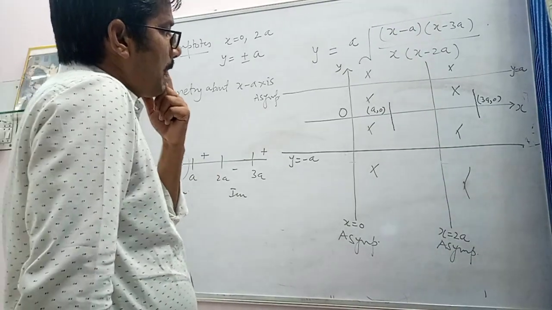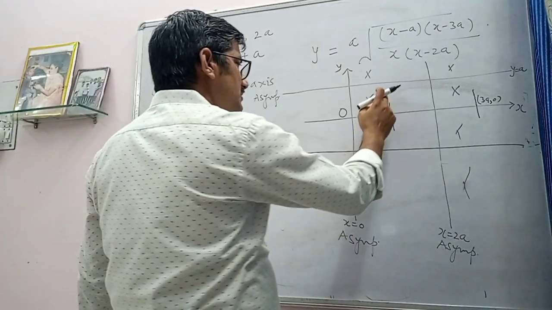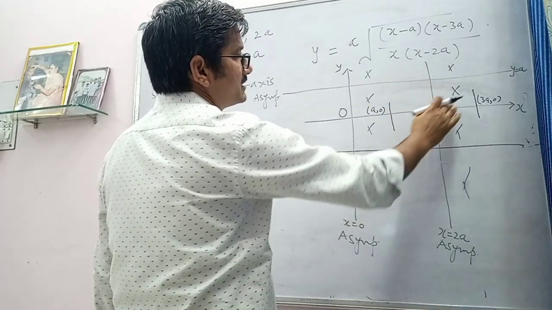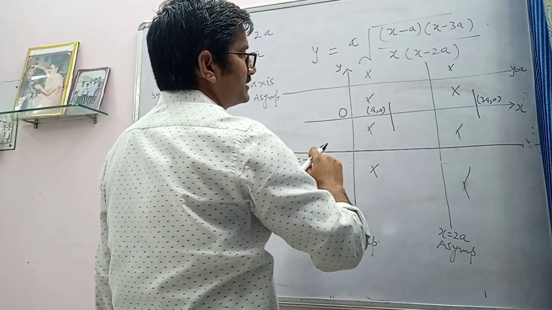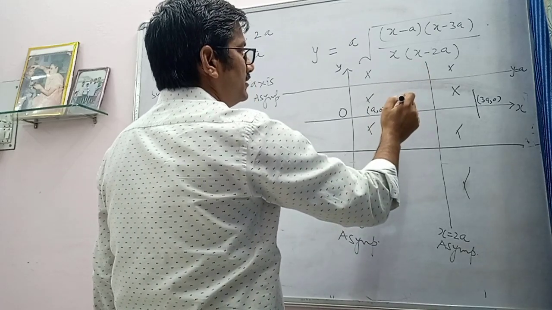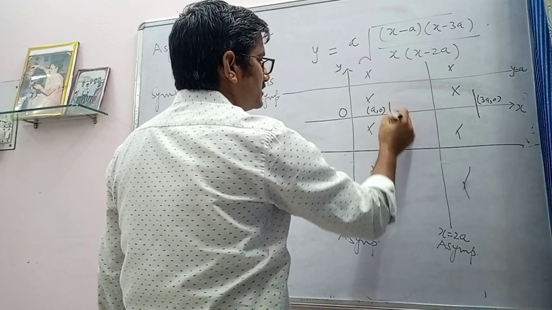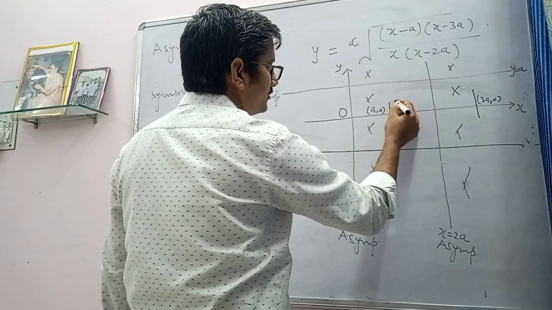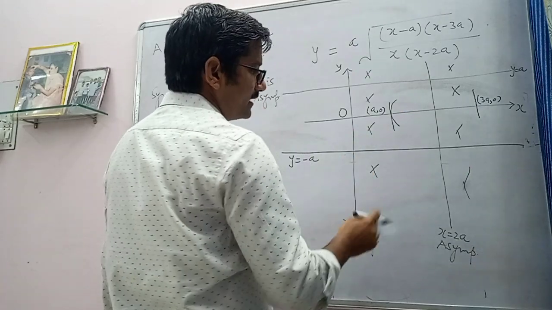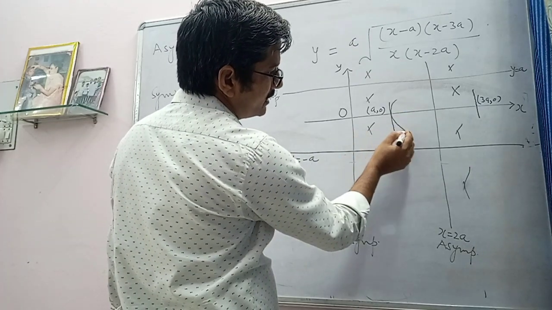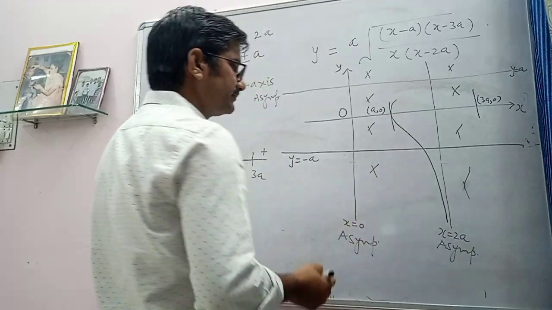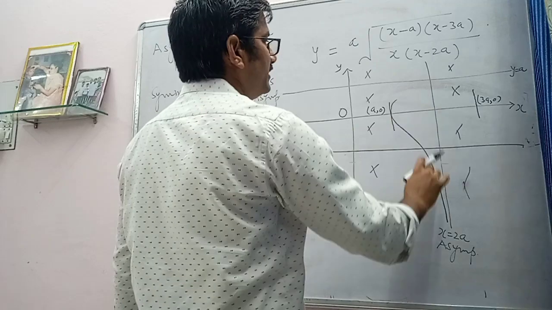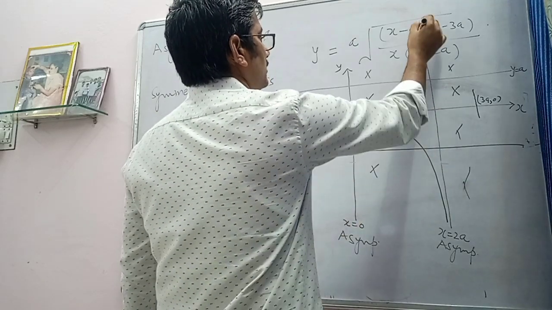So friends, since this is the tangent and this is the asymptote, and the curve is symmetric about the x-axis, the tangent at this point is perpendicular to the x-axis, so we can draw the curve like this. Since this is the asymptote, the branch of this curve will be parallel to this line, and due to the symmetry about the x-axis, similarly we can draw this one.